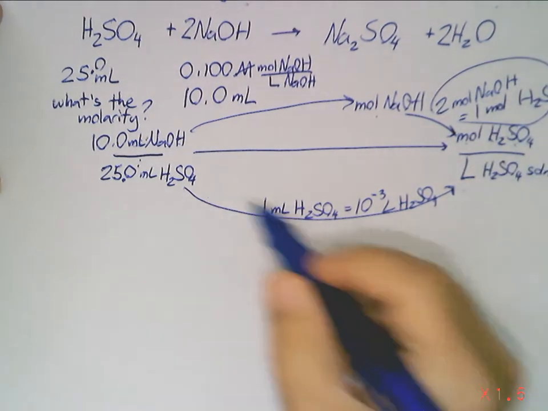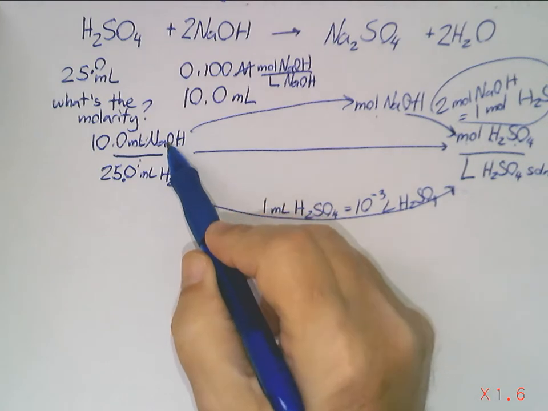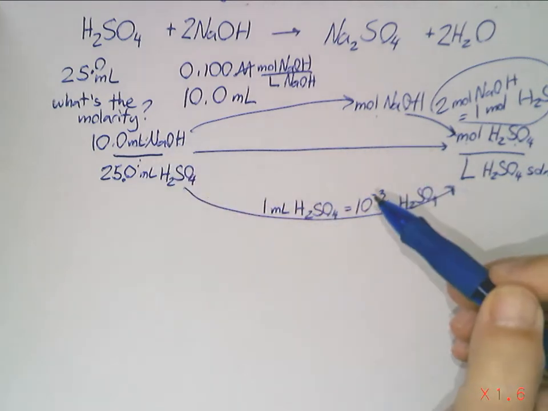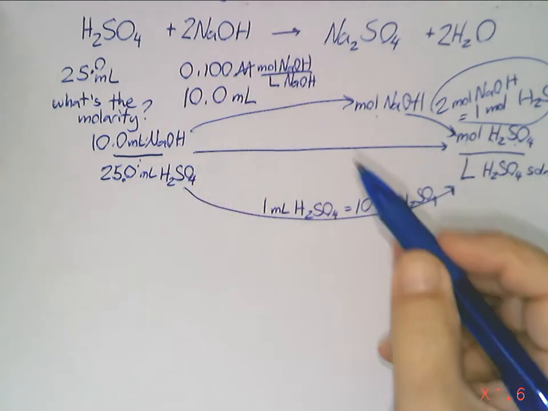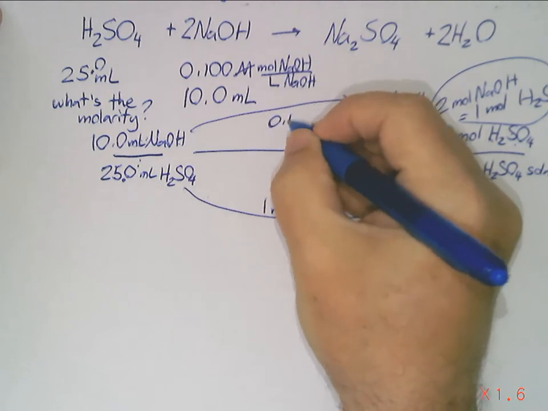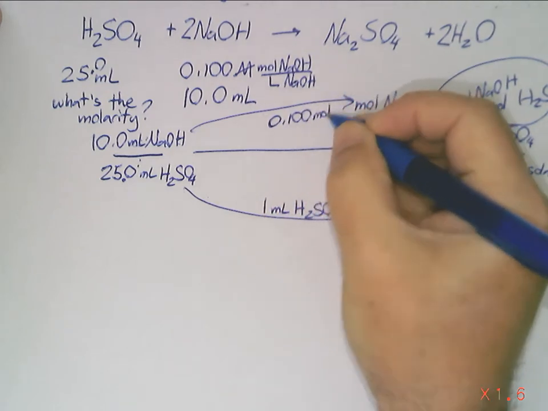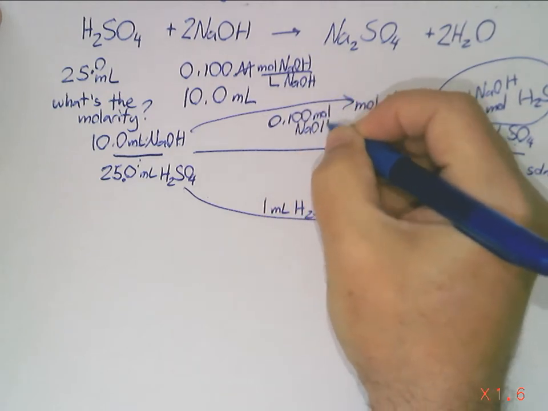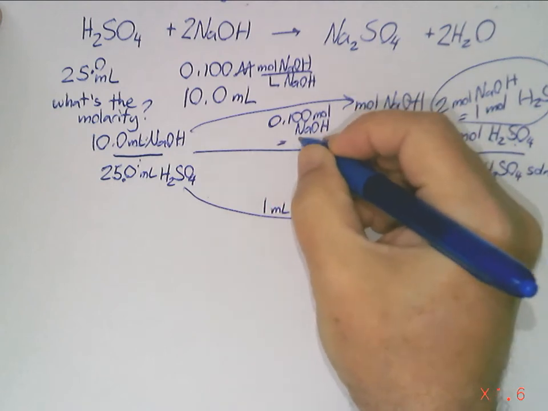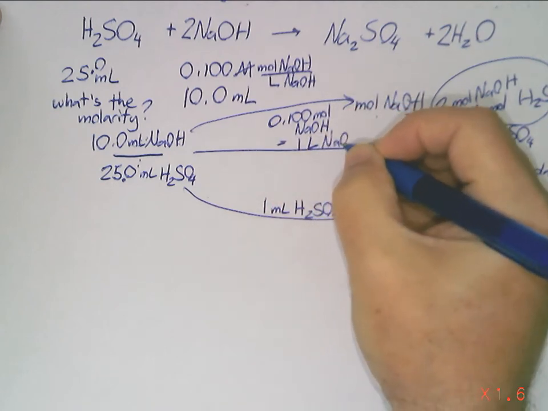All right, what do I need to relate a volume of solution to moles of solute? The molarity. And I've got that. 0.100 moles of sodium hydroxide is 1 liter of sodium hydroxide solution.